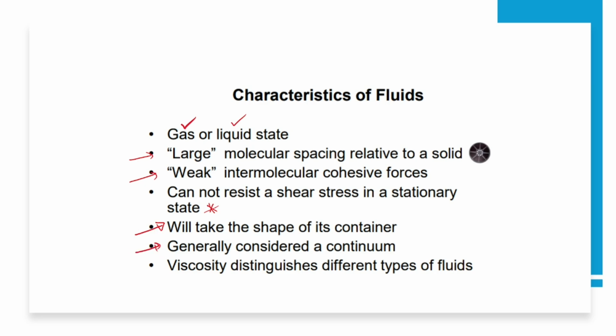Now, why do we consider fluids as a continuum? In fluid mechanics, we treat fluids as a continuum rather than individual molecules, because we are not concerned with individual molecular-level study. We are not able to do that because there are thousands of crores of molecules passing through, so we cannot observe individual molecules.